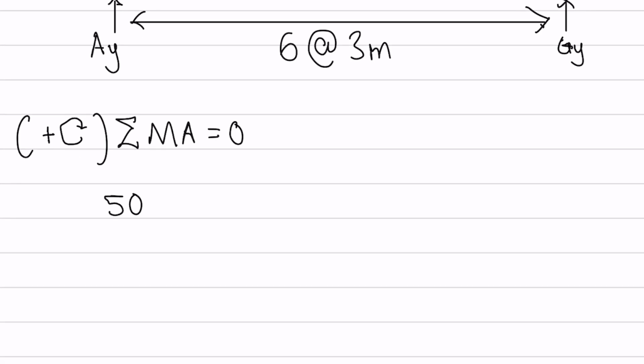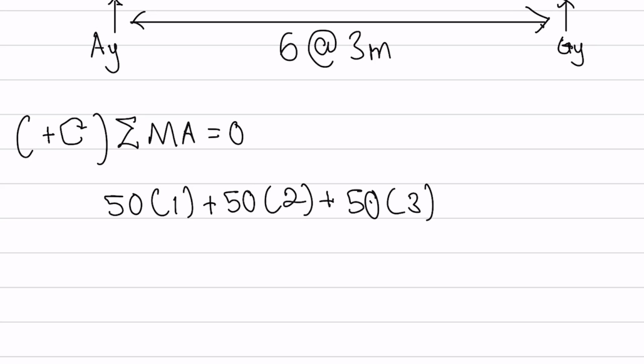To solve for Gy, we need to set up the moment equation: 50 times 1 plus 50 times 2 plus 50 times 3 minus Gy times 6 equal to 0. So we get Gy is 50 kilonewton.